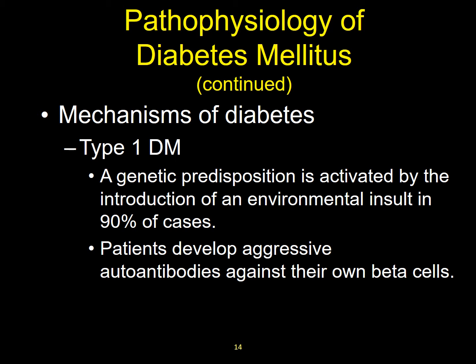But that accounts for why some people with type 1 diabetes are diagnosed in infancy, and other people are diagnosed in early childhood. Other people are diagnosed later in adolescence, and some people really are diagnosed with type 1 diabetes later in life. It does happen where you will see a middle-aged adult present with type 1 diabetes. It's most unusual because most people with the genetic predisposition will be exposed to that trigger much earlier on.